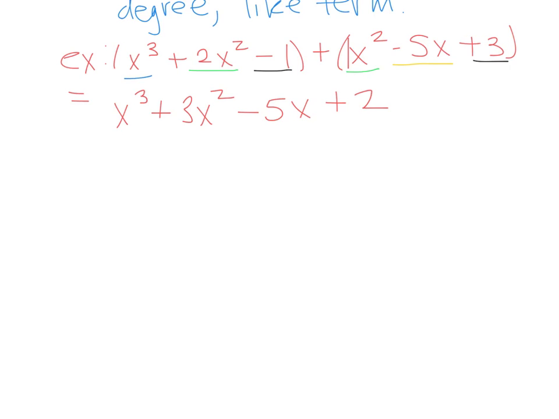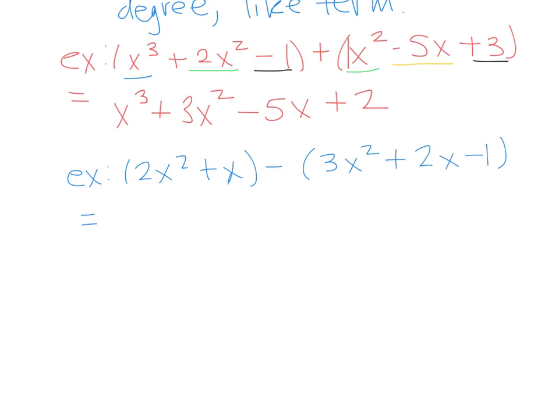Now subtraction is going to be the same as addition. We just have to be careful of the negative sign. So let's look at this example. 2x squared plus x is one polynomial minus, in parentheses, 3x squared plus 2x minus 1.